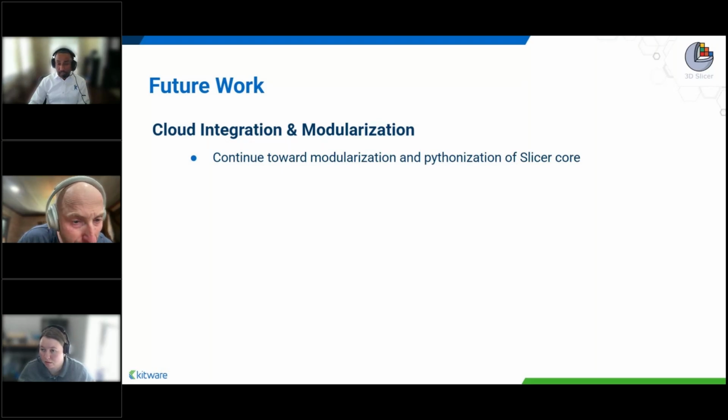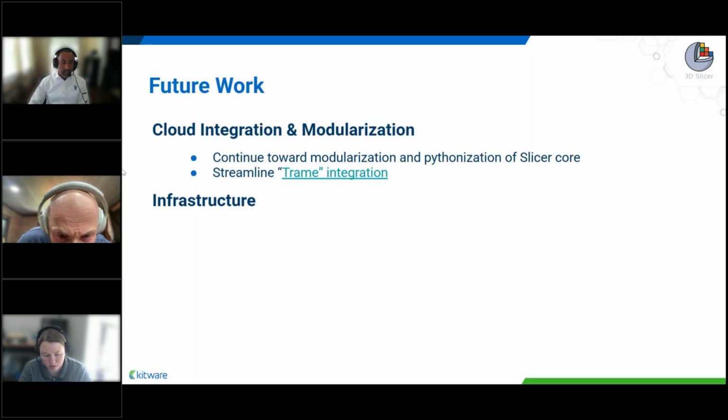One of the active efforts right now is trying to integrate 3D Slicer Python libraries within Tram. Tram is our web-based platform that you can use for easily prototyping web applications. So that's another big effort that we have going on right now.